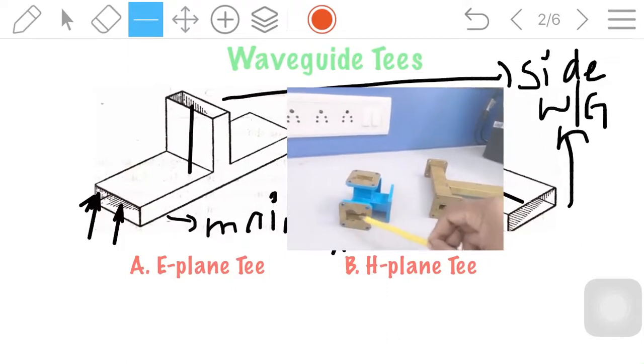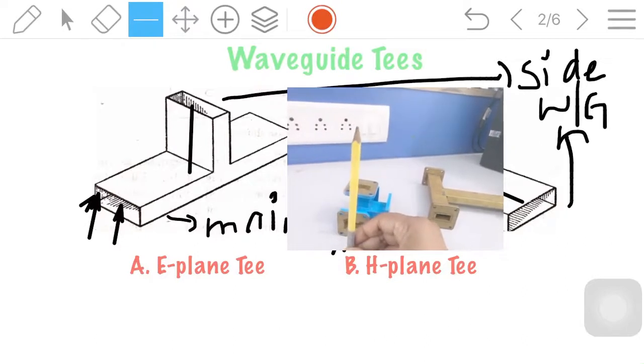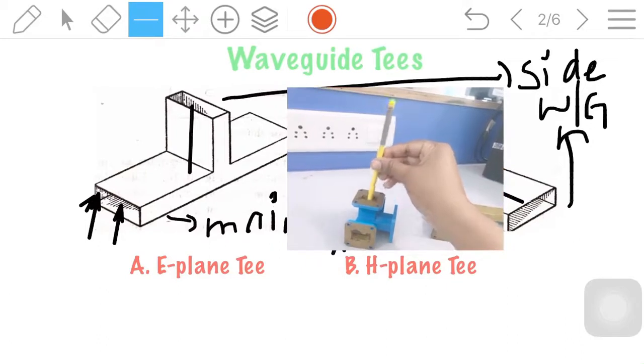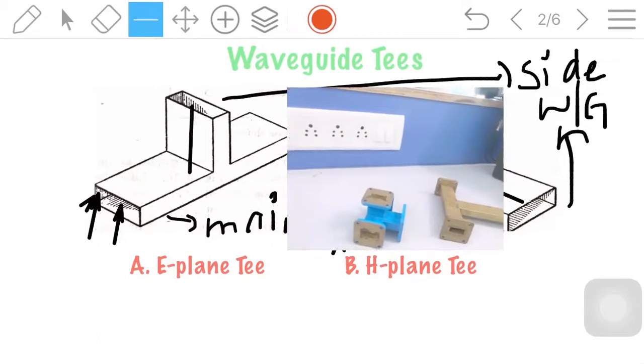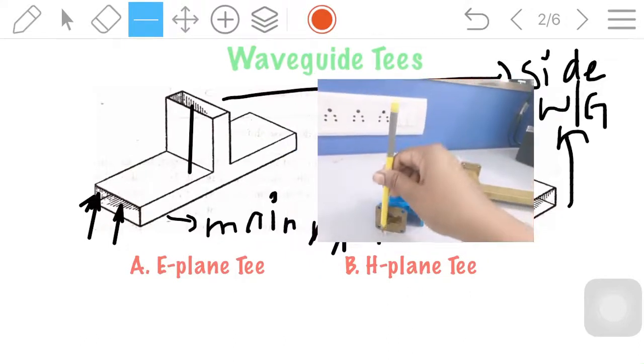The electric field direction in this case is like this. The axis of this branch is like this. That is, both are parallel to each other. That's the reason it is called an E-plane T, or simply a series T here.